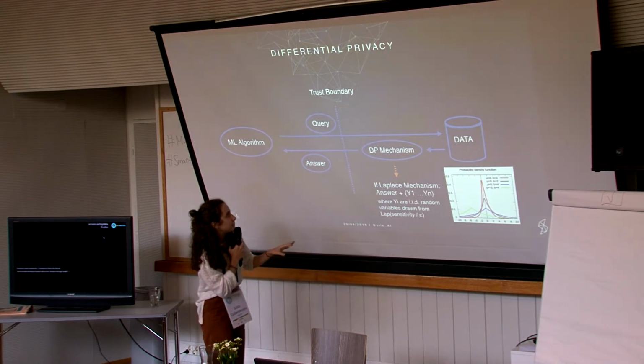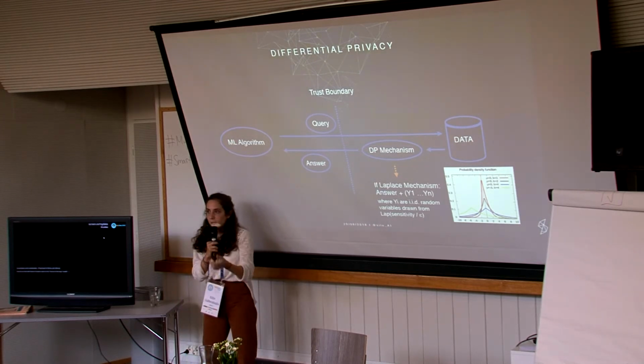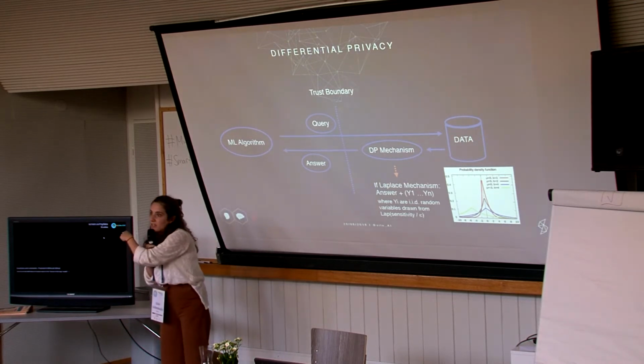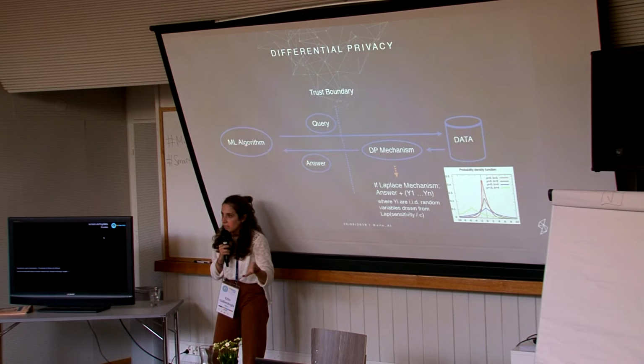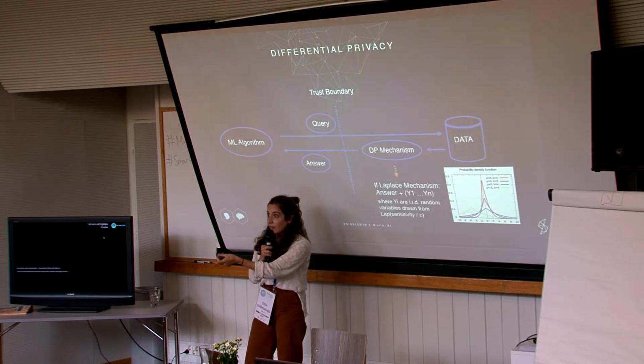So here, for example, I'm asking what is the average salary in this room. I get my one answer, and then I remove Reggie from this dataset and ask the same thing: what is the average salary? If I have the two answers, I know Reggie's salary, right?